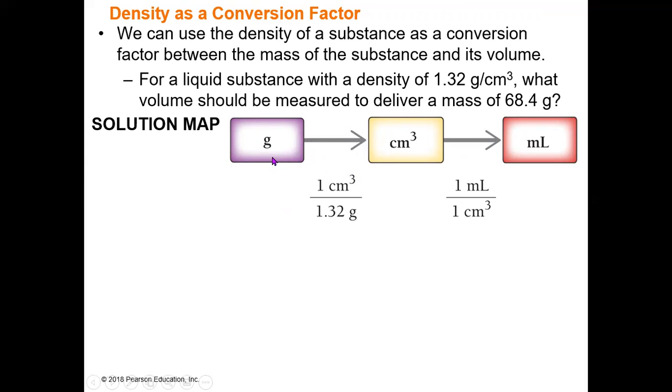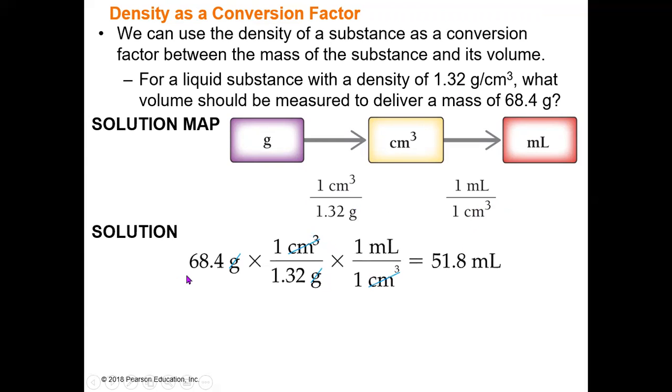We start with the given grams, and then we use the other given quantity, which is density, to make the conversion fraction, and then we convert from centimeter cubic to milliliters. So we write our given mass, 68.4 grams, multiplied by this fraction. This fraction is from the given density.